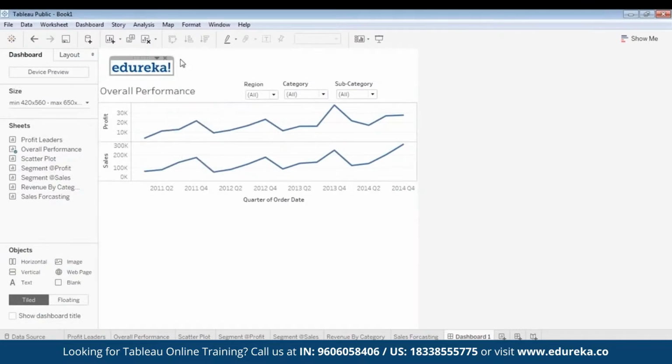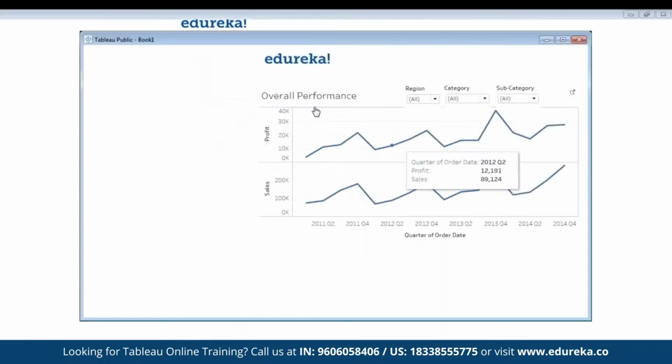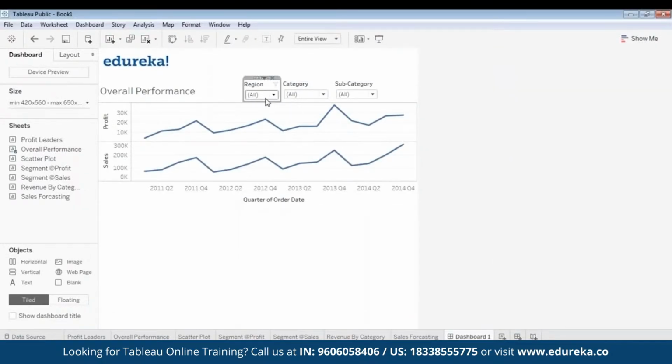Let me click this one also as floating. Now you can place your brand name in the center wherever it looks the best. Let me place it over here. This is the option to create a full screen view of how your dashboard will look. Right now, my dashboard is looking like this. Let me just do a little bit of tweaking over here.